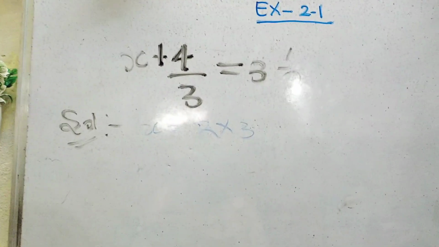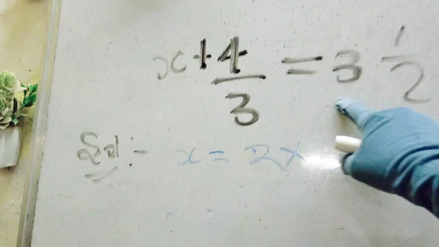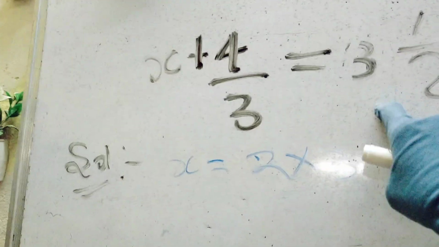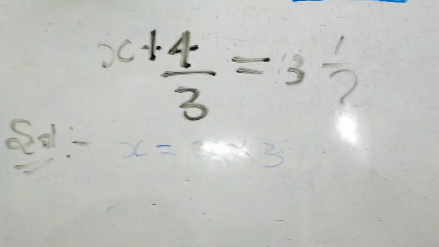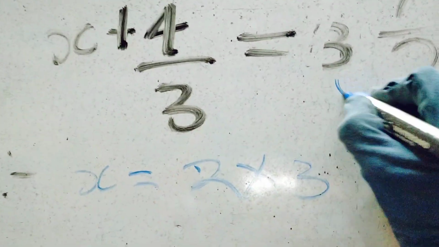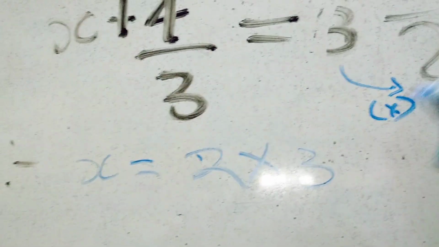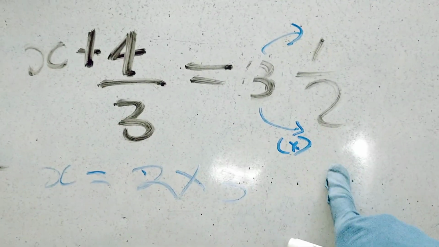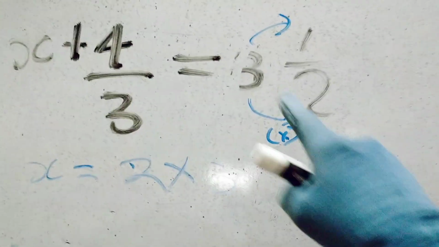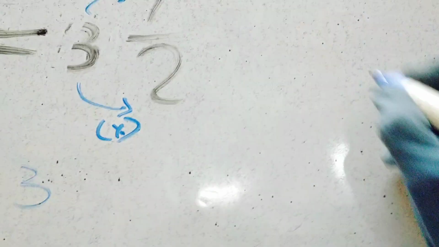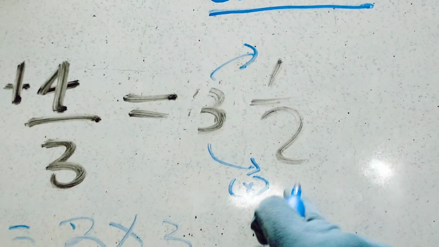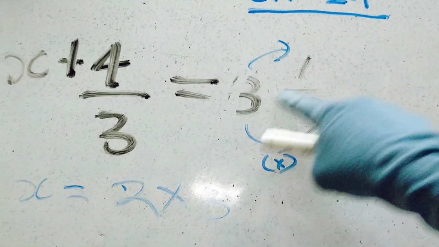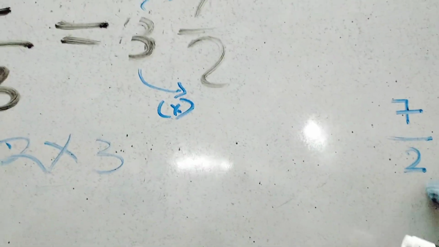First multiply the whole number with the denominator and then add the numerator. So 3 2s are 6, 6 plus 1, 7. And then you will keep the same denominator. So 7 by 2. So when you convert the mixed fraction 3 1 by 2, it will become 7 by 2.